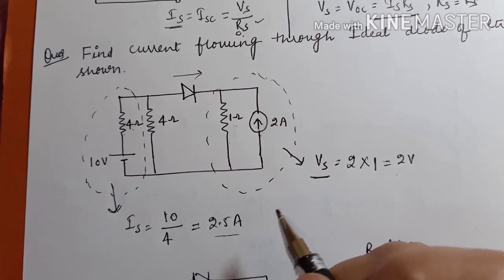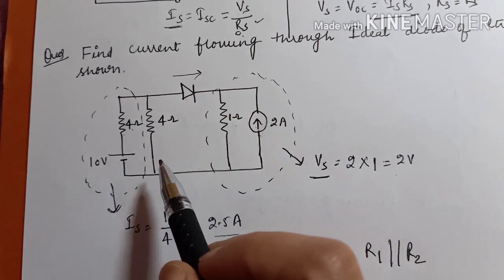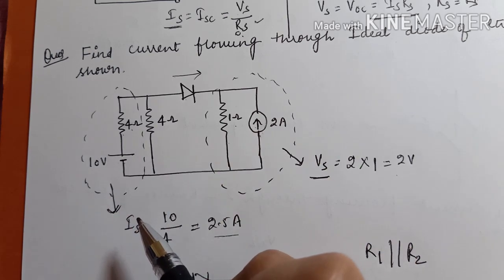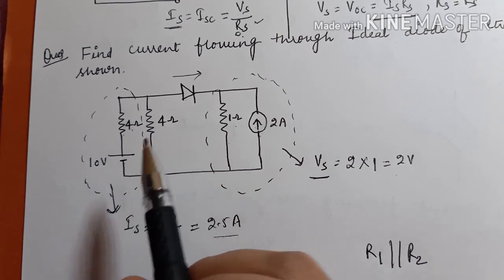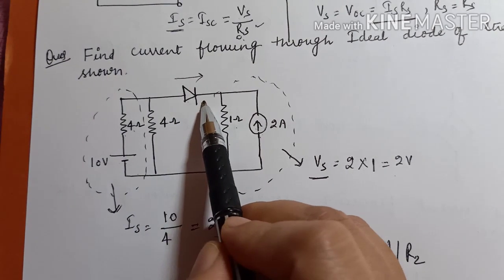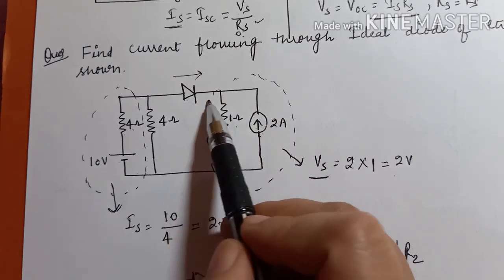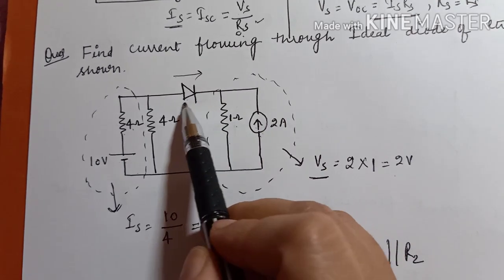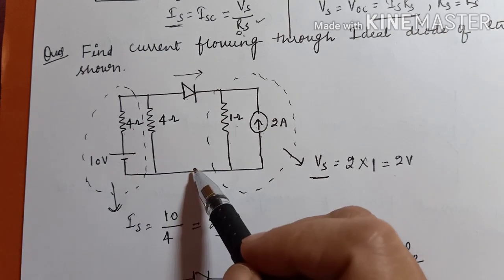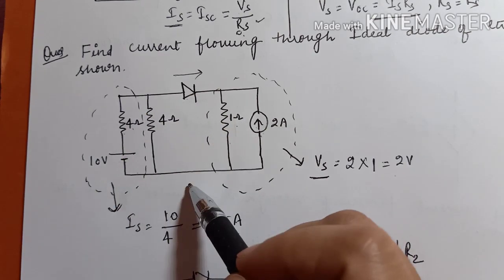So you might think that if more than one source is present, we can apply the superposition theorem. But here you can't apply the superposition theorem because the diode is a non-linear element. For a non-linear device, you can't apply the superposition theorem. Don't go for applying the superposition theorem.